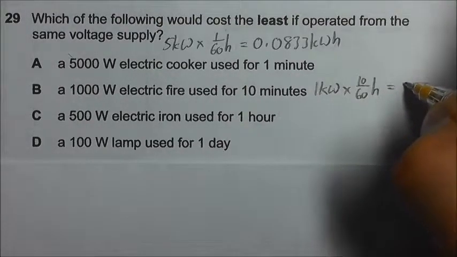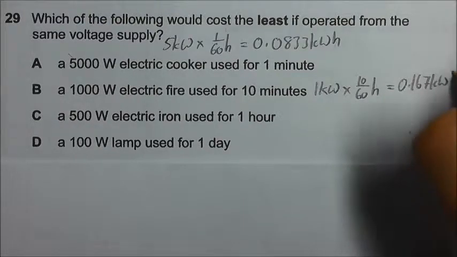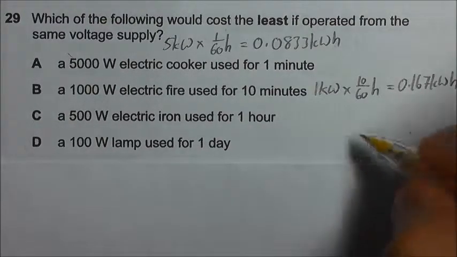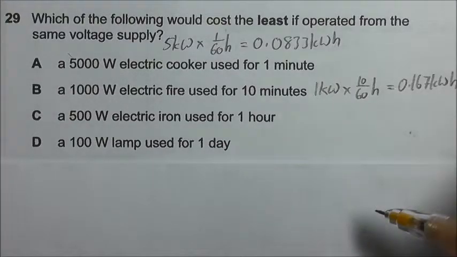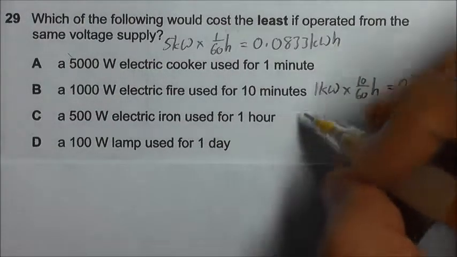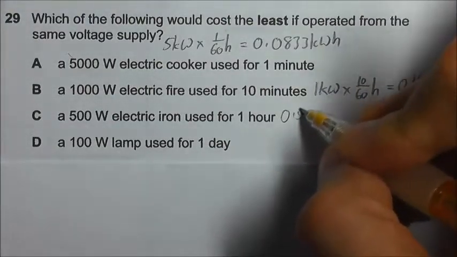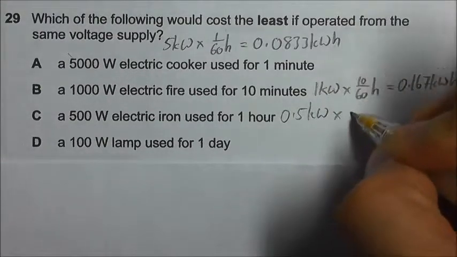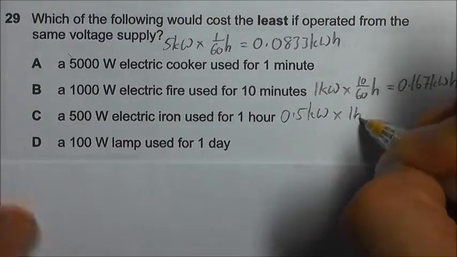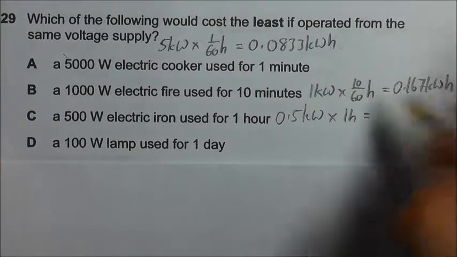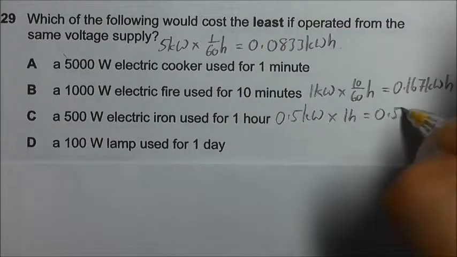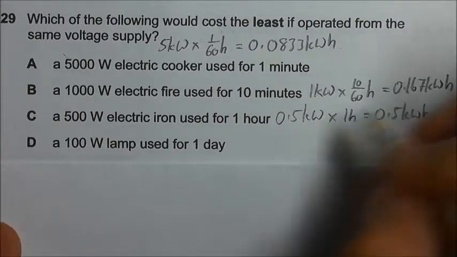This will give us 0.167 kilowatt hour. And option C, it should be 0.5 kilowatt multiplied by 1 hour. We will get 0.5 kilowatt hour.